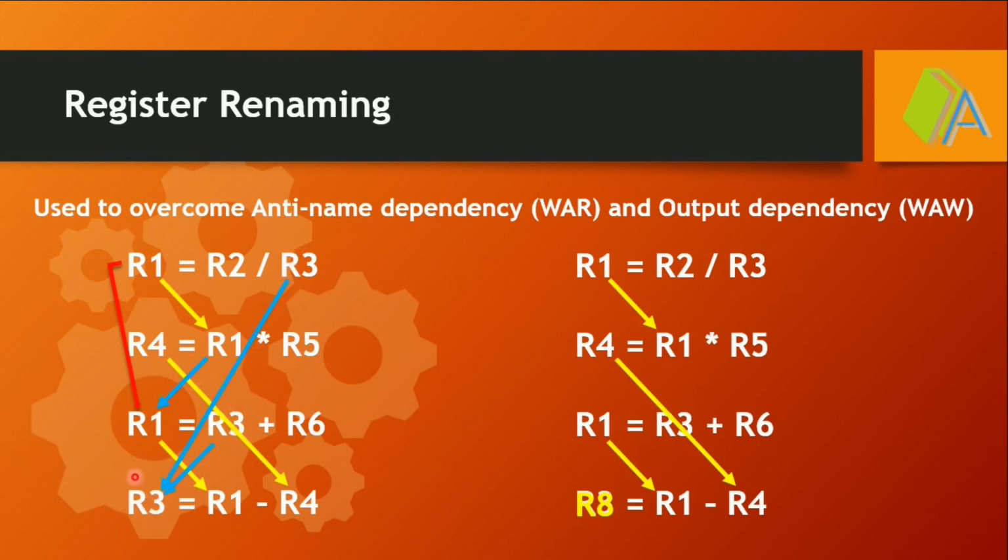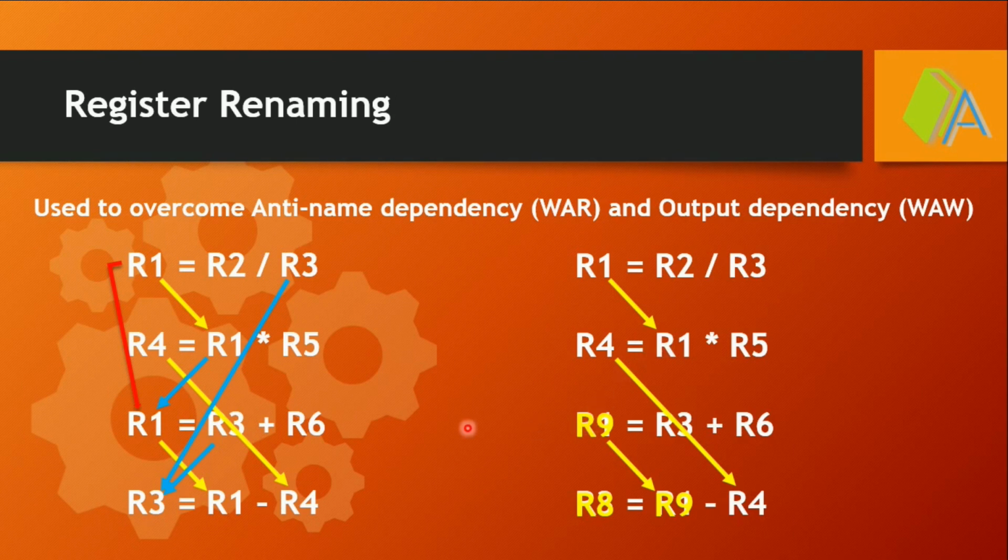So by renaming this R3 to R8, we can avoid the anti-name dependency between the first and third instructions. Then by renaming the register R1 which is present in the third and fourth instructions, we can overcome both the output dependency between the first and third instructions as well as the anti-name dependency between the second and third instructions.